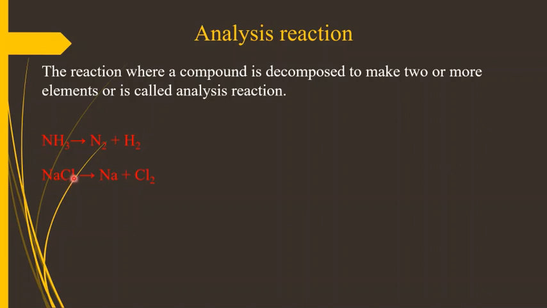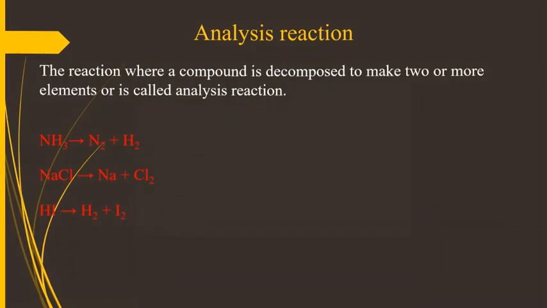Here, when sodium chloride is broken, then sodium and chlorine are produced, both are element. So this is also analysis reaction. When hydrogen iodide is decomposed, then hydrogen and iodine are produced, both are elements. So this is called the analysis reaction.